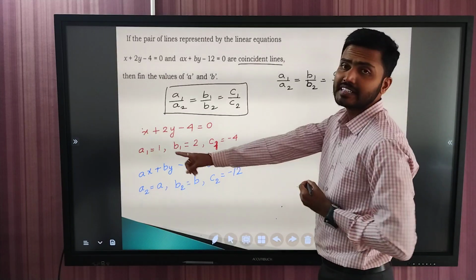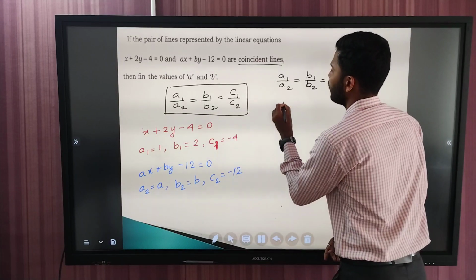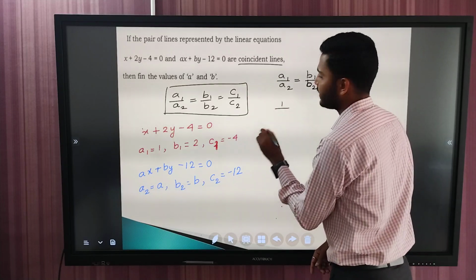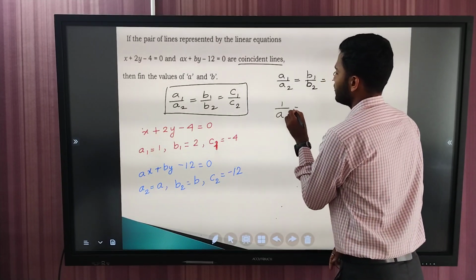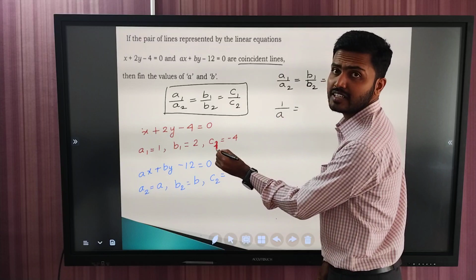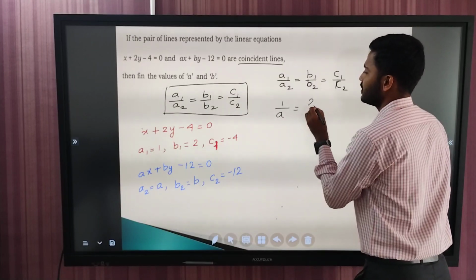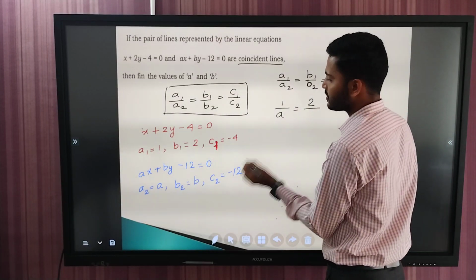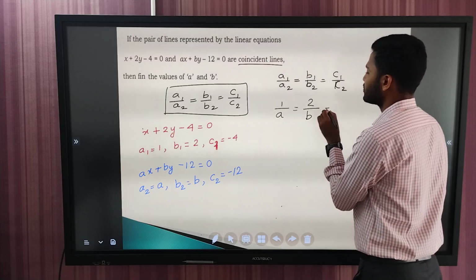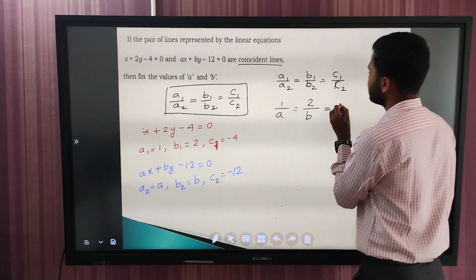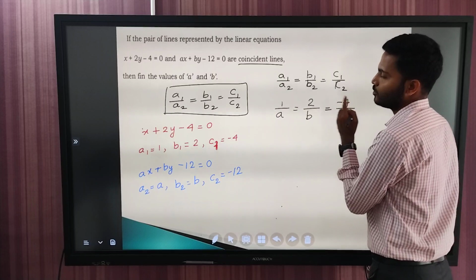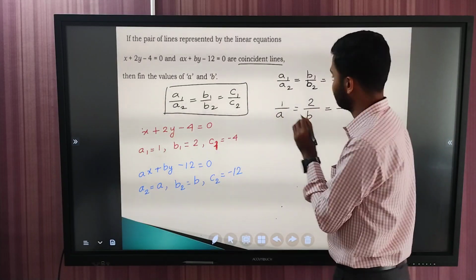So what is a1, my dear students? It is 1. Then what about a2? It is a. Then what about b1? b1 is 2, right? Then b2 is b. What about c1? c1 is minus 4 and c2 is minus 12.